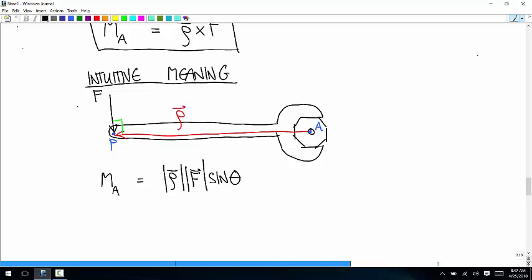Exactly right. If you apply that force parallel, it's never going to do anything. Or push on it, it'll eventually rip the bolt off the wall, but it won't ever turn it. It'll just slide off. And so in this case, if this length was 0.2 meters.